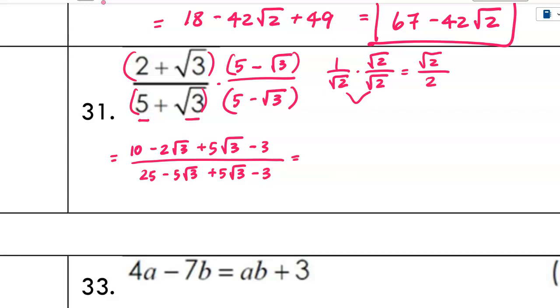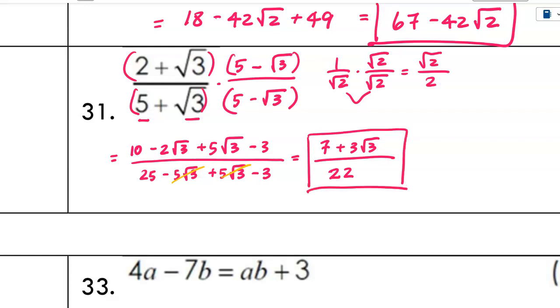We have a 10 minus 3, that's 7, plus 3 to the square root of 3. And then those middle terms cancel out. And so you end up with a 22. I think that's as far as we can simplify.